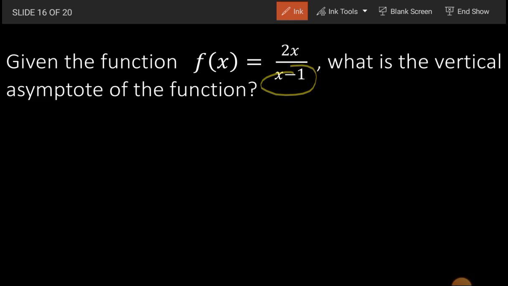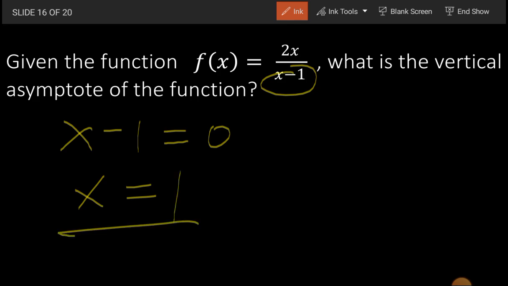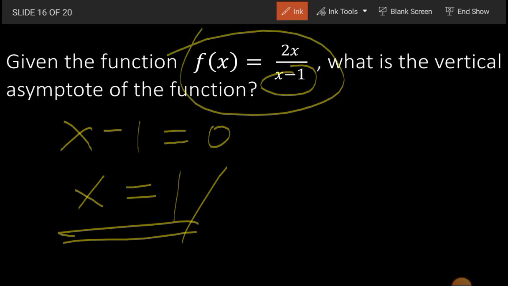Again, there should be no denominator which is equal to 0. So we equate the denominator x minus 1 to 0. Transpose, x is equal to 1. So this should be the line that cannot be touched by the graph of this whole rational function. So the vertical asymptote is x is equal to 1. That's the answer.